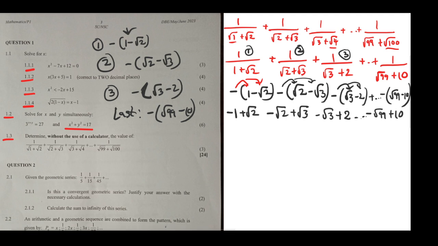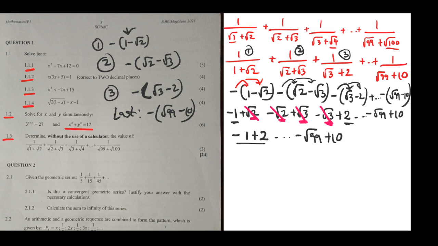Right? So what you can note is this is positive root of 2, this is negative root of 2. They subtract each other. This is positive root of 3, negative root of 3. They subtract each other. What remains? This, right? And this. So it's negative 1 plus 2 minus root of 99 plus 10.